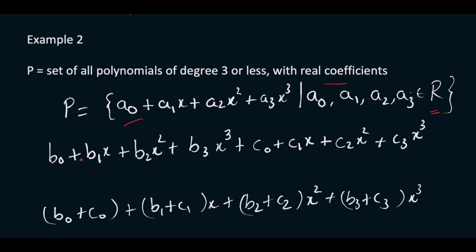For example, write it as b0 plus b1x plus b2x square plus b3x cube, and we can add it with c0 plus c1x plus c2x square plus c3x cube. So this is vector v1, this is vector v2. We are adding the two vectors. This will give us b0 plus c0, plus (b1 plus c1)x, plus (b2 plus c2)x square, plus (b3 plus c3)x cube.